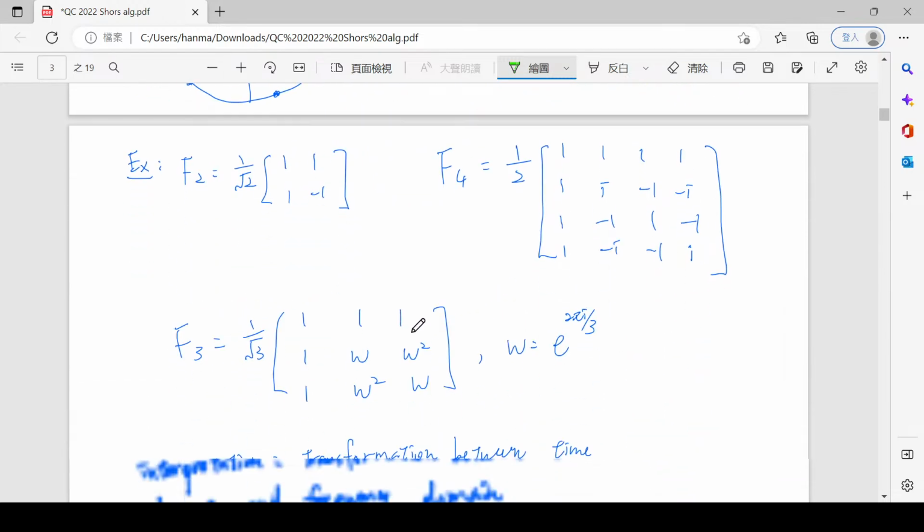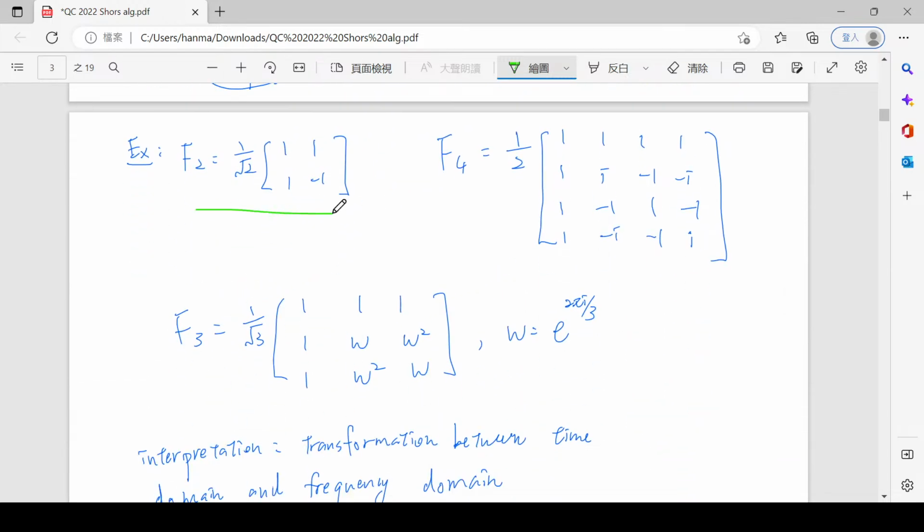So here are three Fourier transform matrices: F2, F3, F4. Basically as small as possible. And you will see this one is quite familiar, right? Anyone want to answer what this is? Yeah, this is a Hadamard matrix.